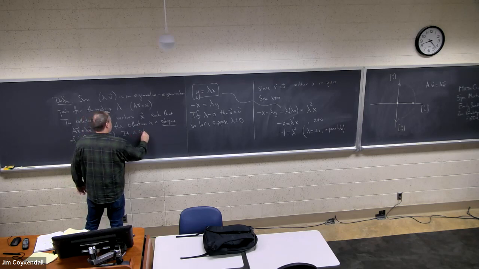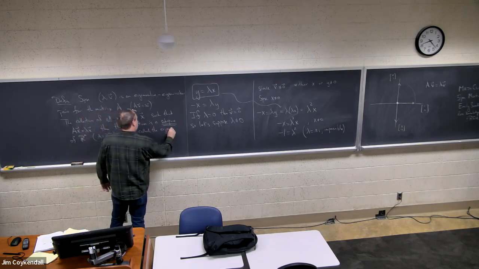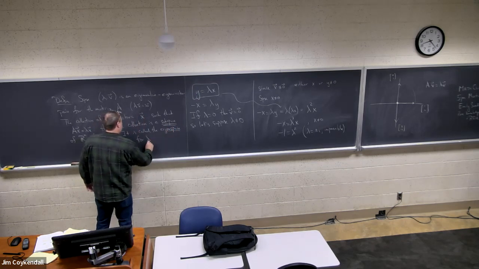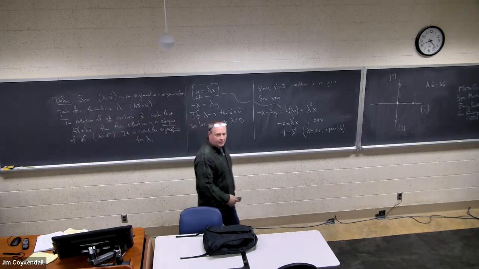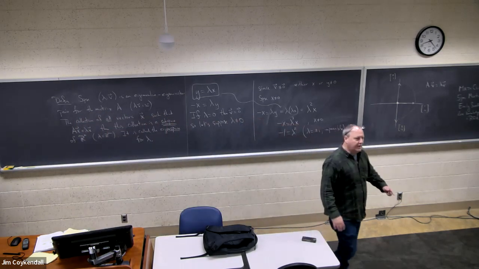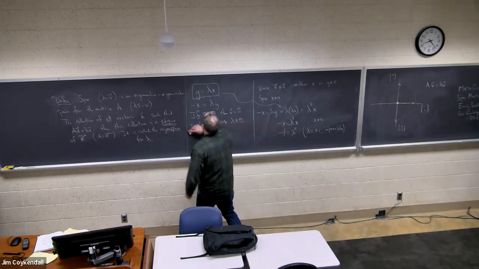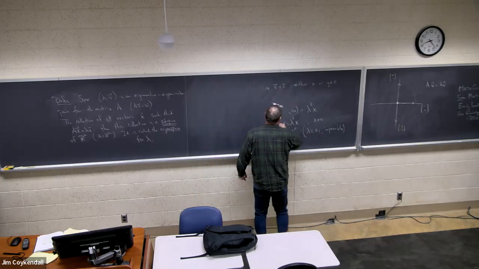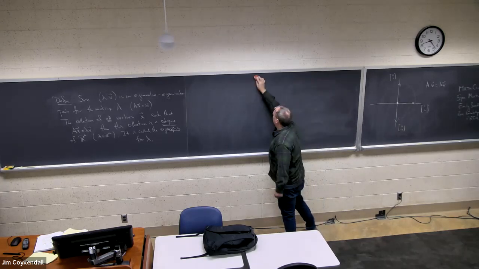It's called the eigenspace. The collection of all vectors that satisfy this is called the eigenspace.